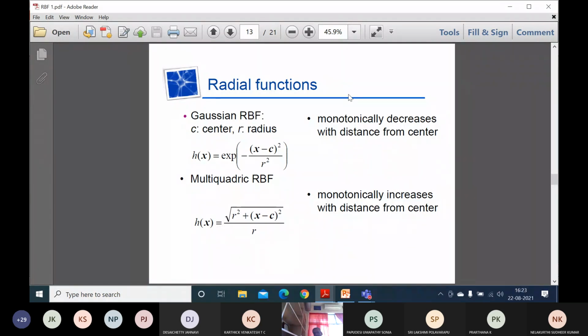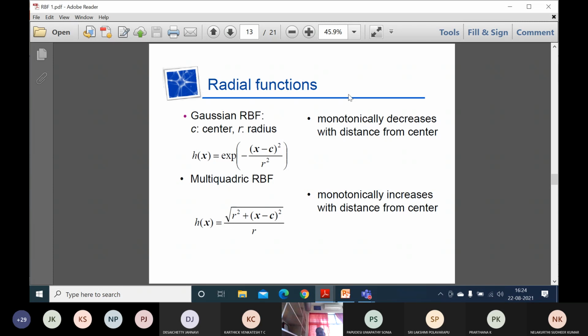Then it monotonically decreases. The Gaussian function monotonically decreases with the distance from the center. And multi-quadric means it increases from the center point. So it monotonically increases. That's why it is considered as multi-quadric.